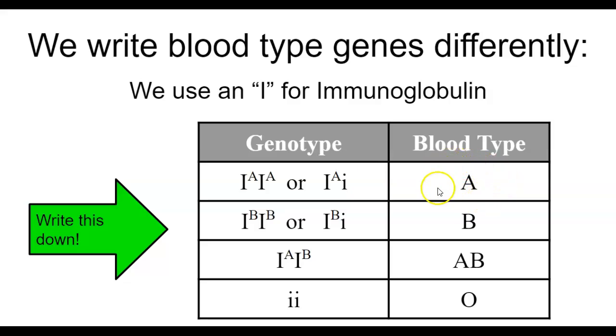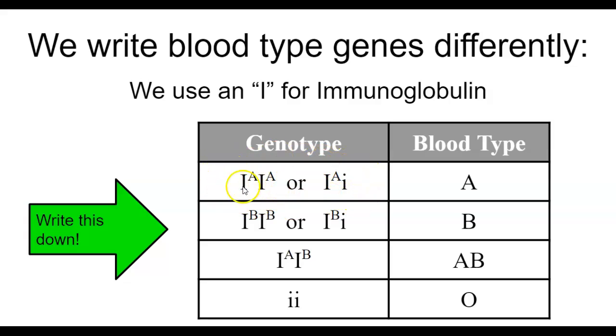For our blood type A, here's what we can have. We can have the genotype I^A, meaning we've got this immunoglobulin protein with the I gene with A. Remember that A protein? Okay, so we've got two A's, or we can have an A and a lowercase i. The lowercase i is for the O, okay? So this could be our blood type.